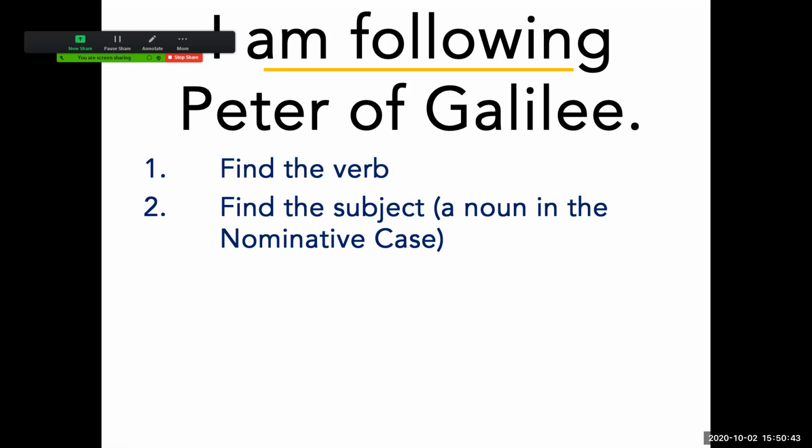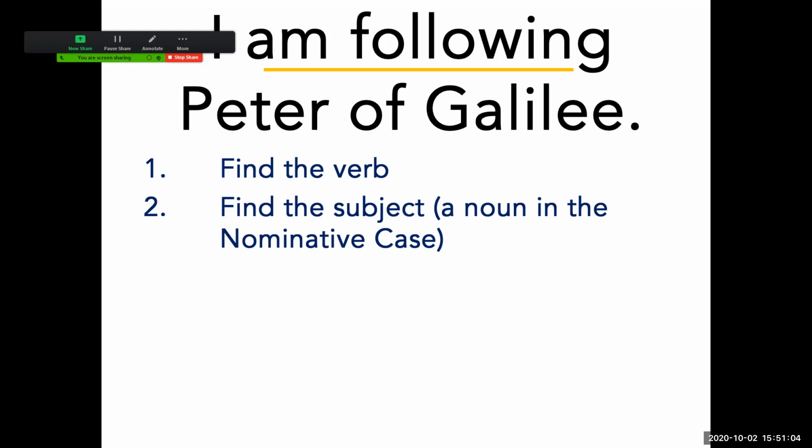If we have a verb that ends in omega, present tense, then we already have the subject, I. If we have a verb that ends in the third person singular, then we might have a different subject, not he, she, or it.